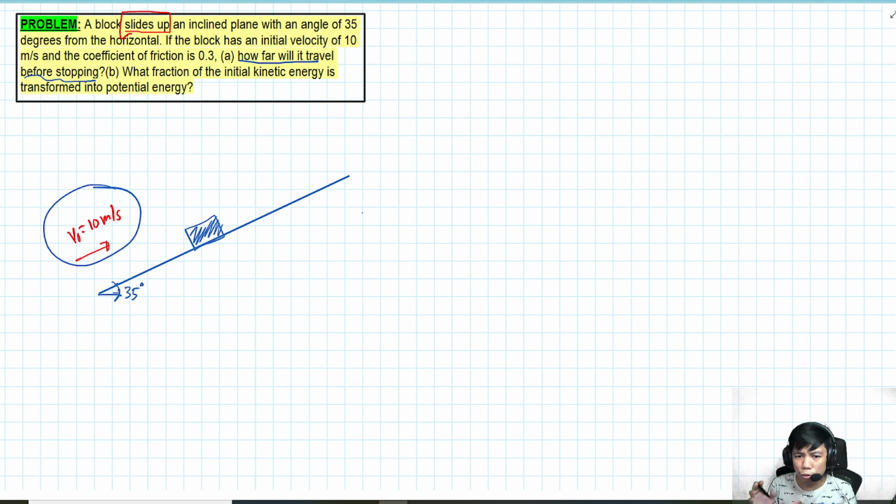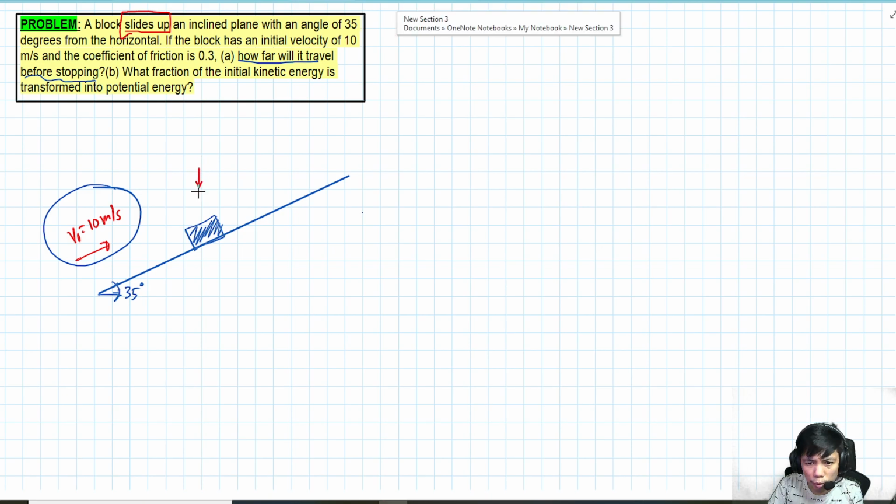Okay? So, dun napasok guys si Newton's second law, yung ating law of acceleration. So, that's why we have to expose yung mga forces na involved. So, syempre, we have the weight here. Yung weight natin, pababa yan. The normal force.